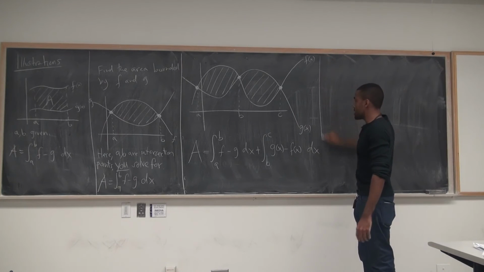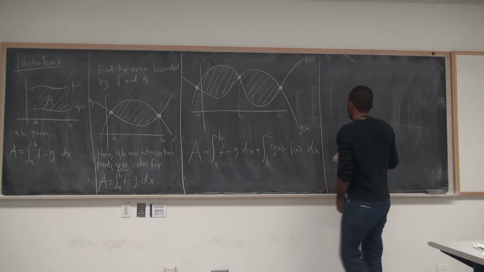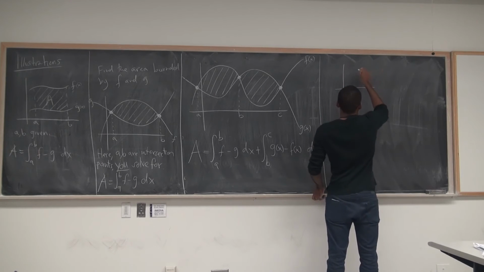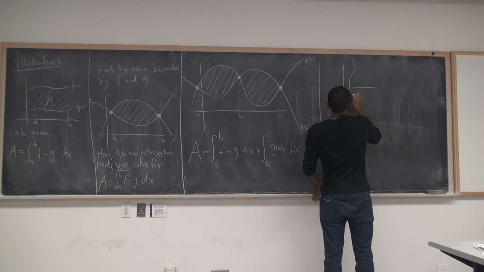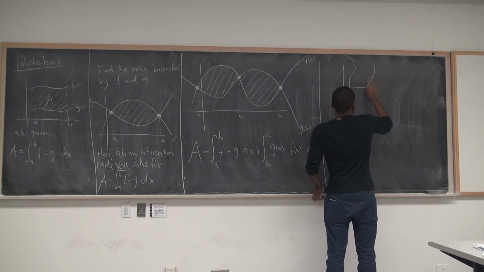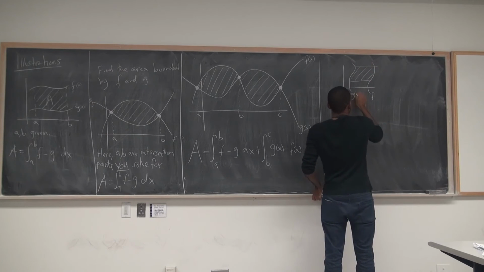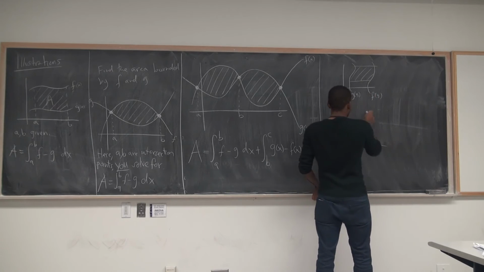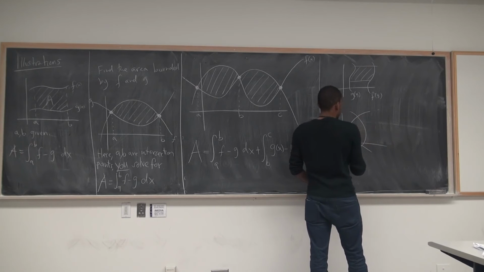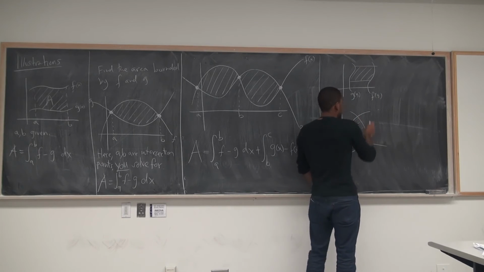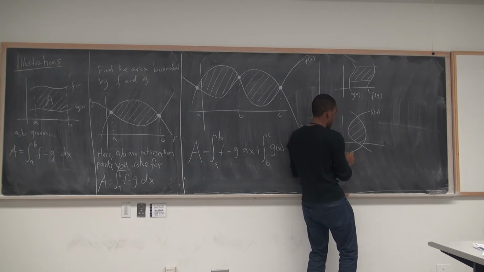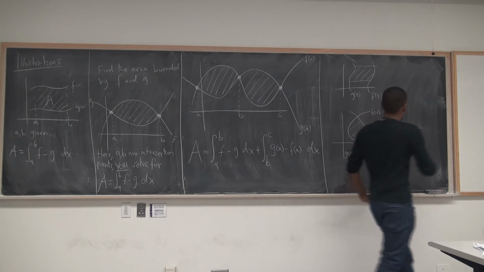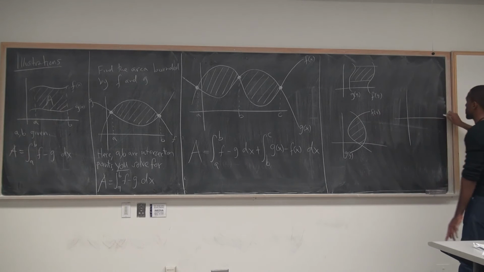And again, this can happen in the reversed order, right? So we can have things like G and F is here, and I have to find that area. But this is G of Y and F of Y. Or I can tell you about functions that intersect like that, where this is F of Y and this is G of Y. Or we can have functions that intersect several times.